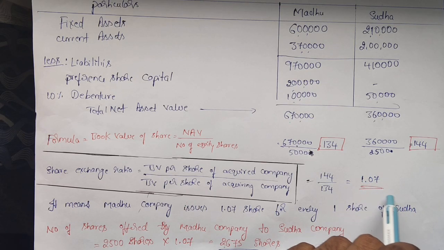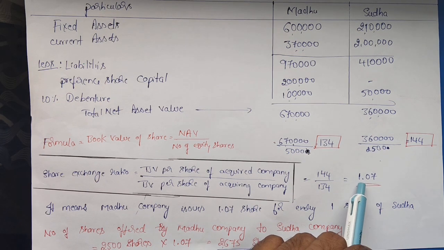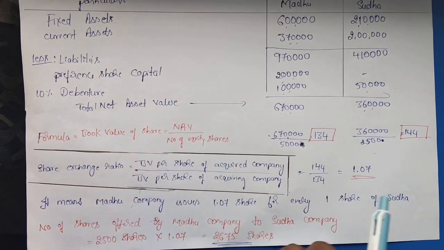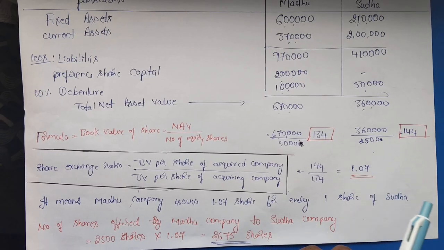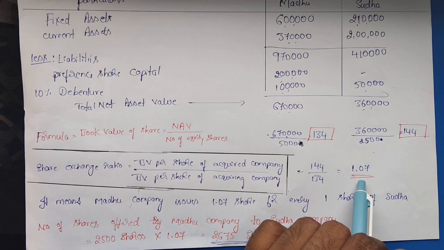This is the ratio we got with the help of the net assets method. What is the use of this ratio? It is used to ascertain how many shares we are going to give. So our share exchange ratio is 1.07.